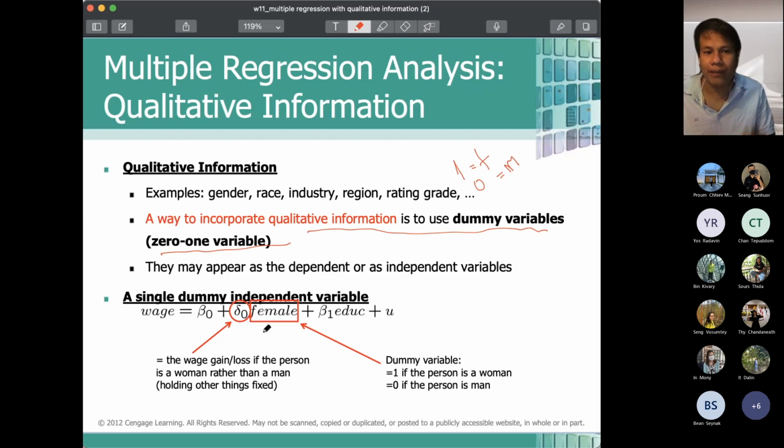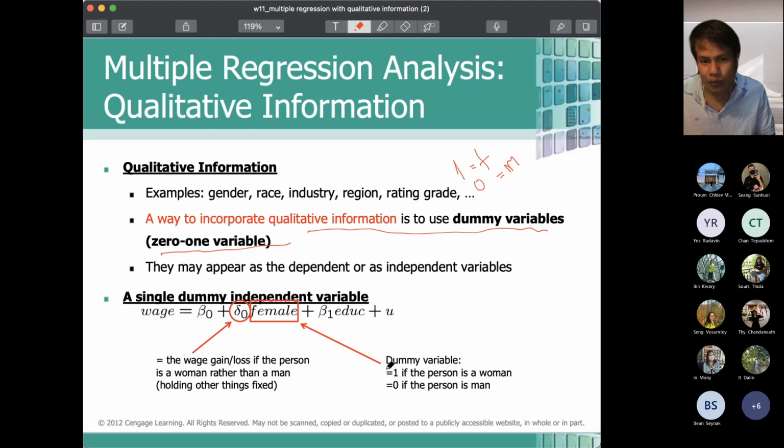So we also have a variable here, which we call female, all right? So here, this coefficient is the wage gain or loss if the person is a woman rather than a man. When we say female here, the dummy variable means 1 if the person is a woman, 0 if the person is a man. All right.